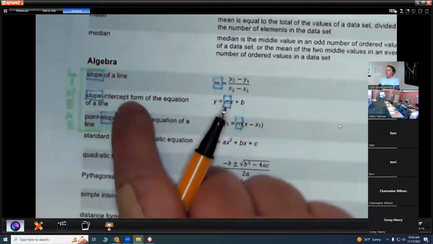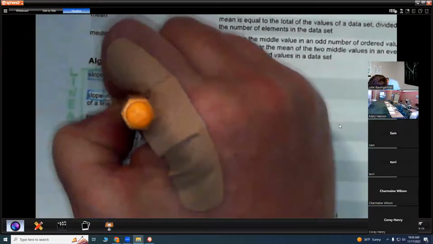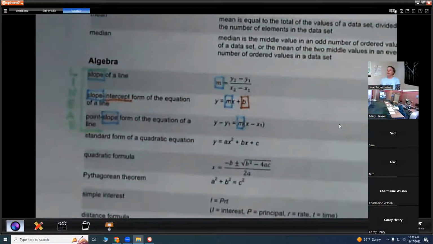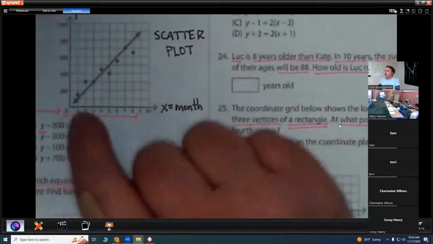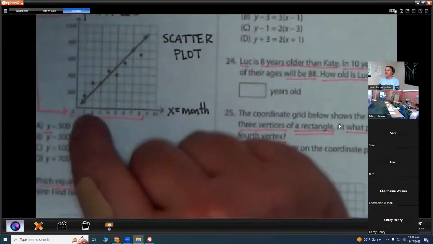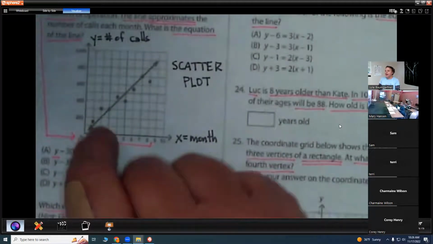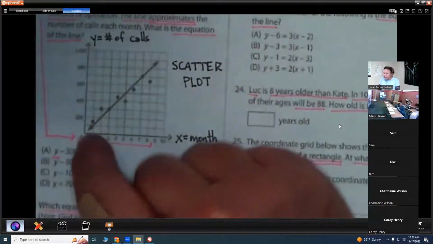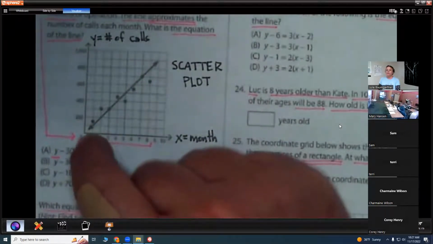So we look at slope intercept form. The idea of intercept is this chunk here. It's the B. Technically this means the y-intercept. It's talking about where the line crosses the vertical axis. For this line, because we started at month 0 with 0 calls, our intercept is 0.